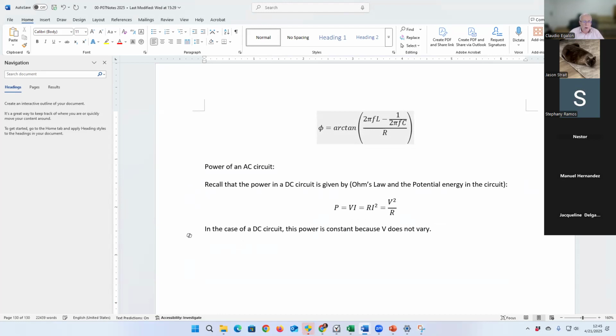However, for an AC circuit, the instantaneous power must vary because V and I vary in time.